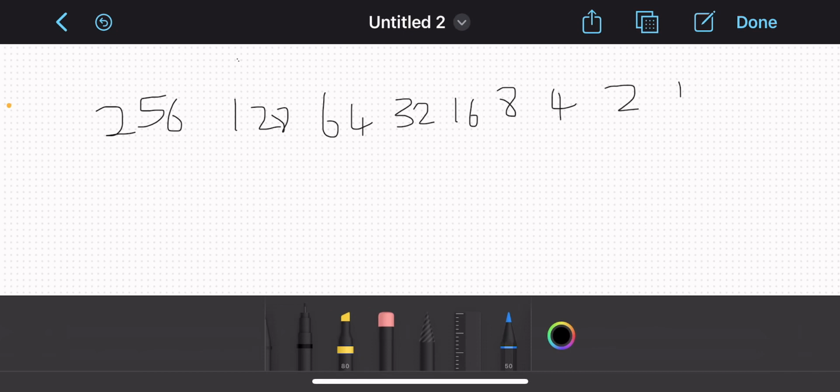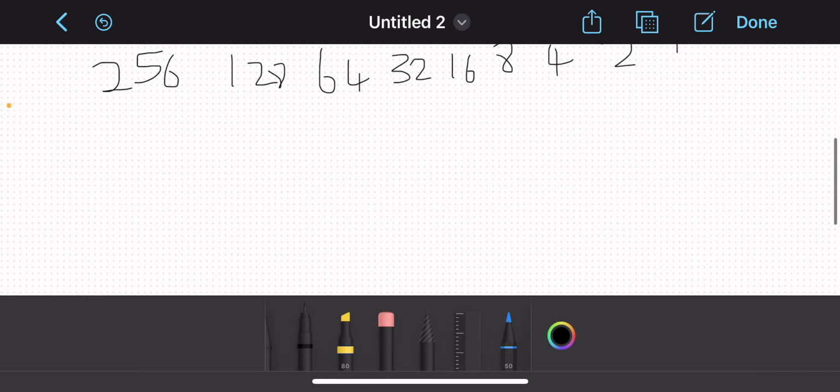There are two ways of converting numbers to binary. You'll just choose one that works best for you. We'll start with the subtraction method, right?